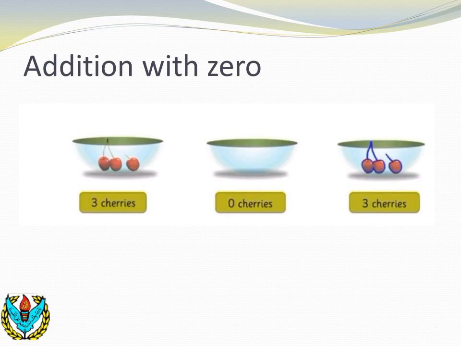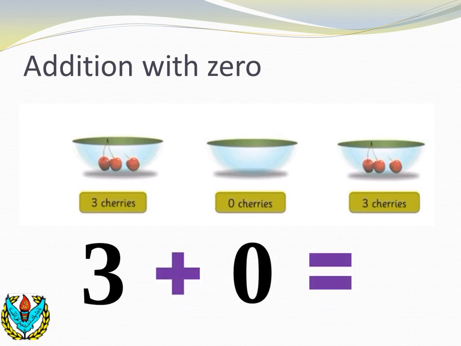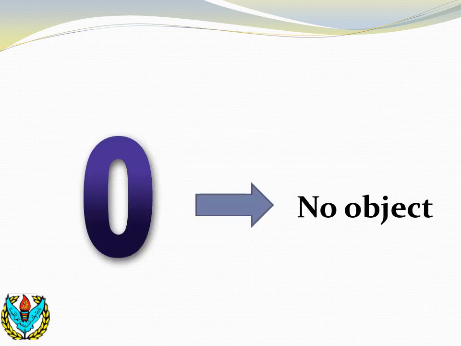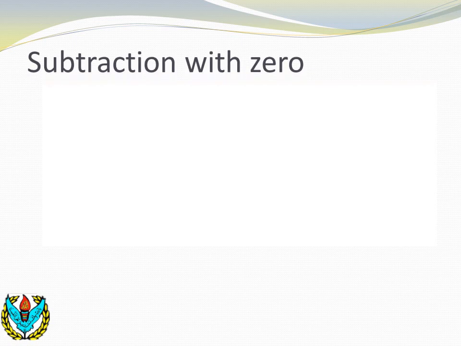There are 3 cherries altogether. That is 3 plus 0 is equal to 3. We know that 0 means no object. So what happens when we subtract with 0?